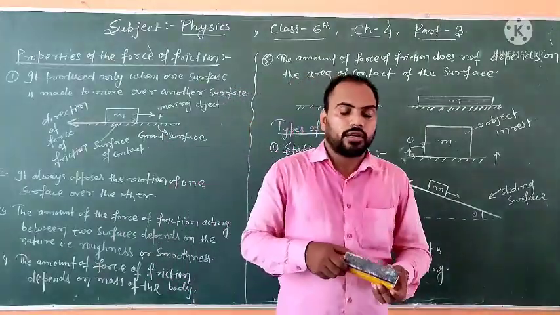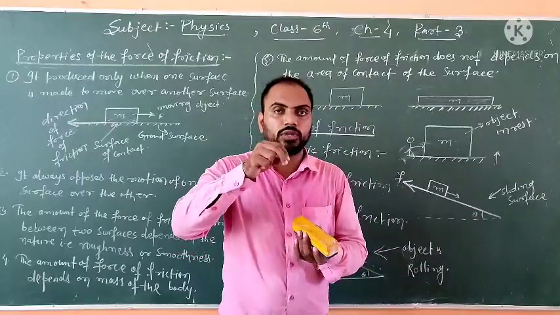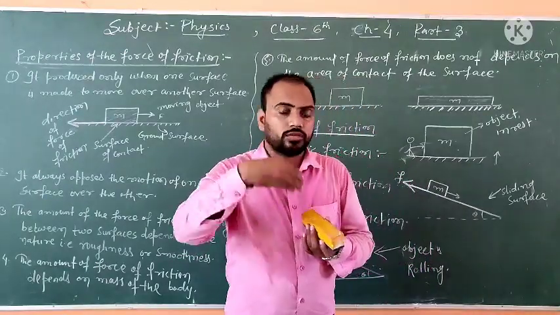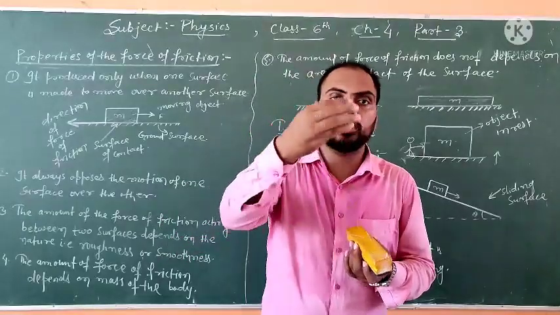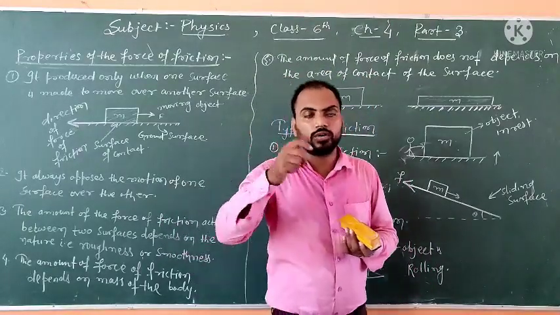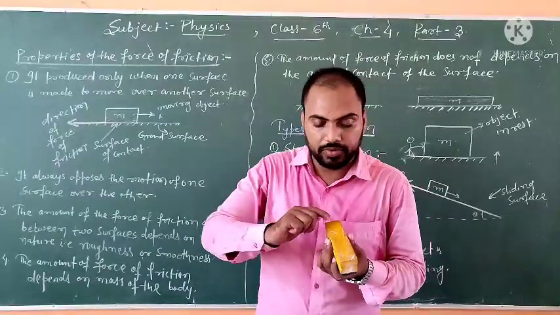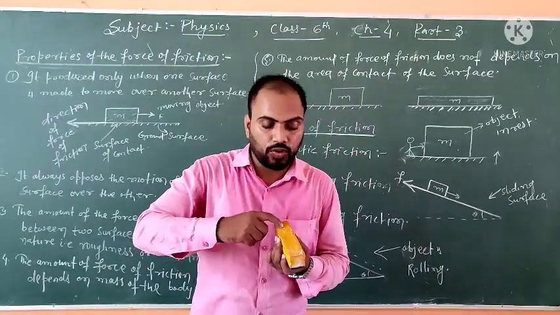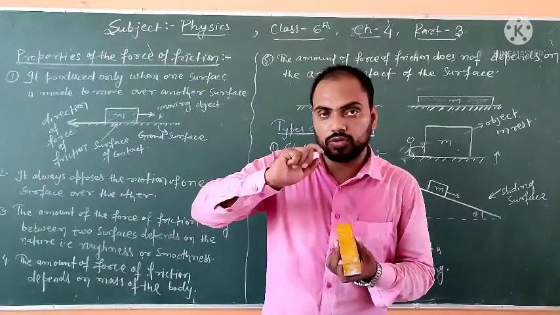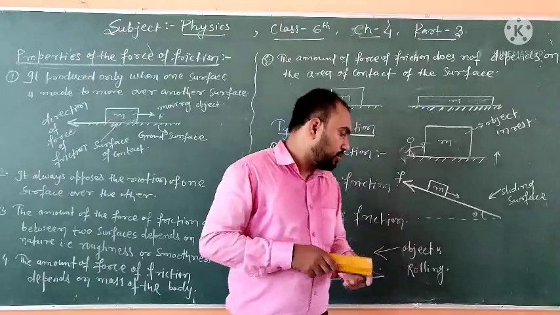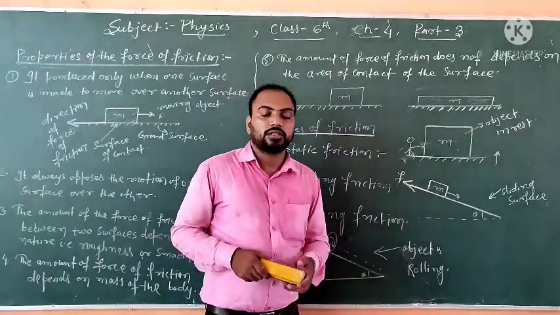If you put a ball on a slopy surface, the ball will definitely go downward by rolling, moving or rotating. The force of friction between the slope and the object rolling over it is called rolling friction.